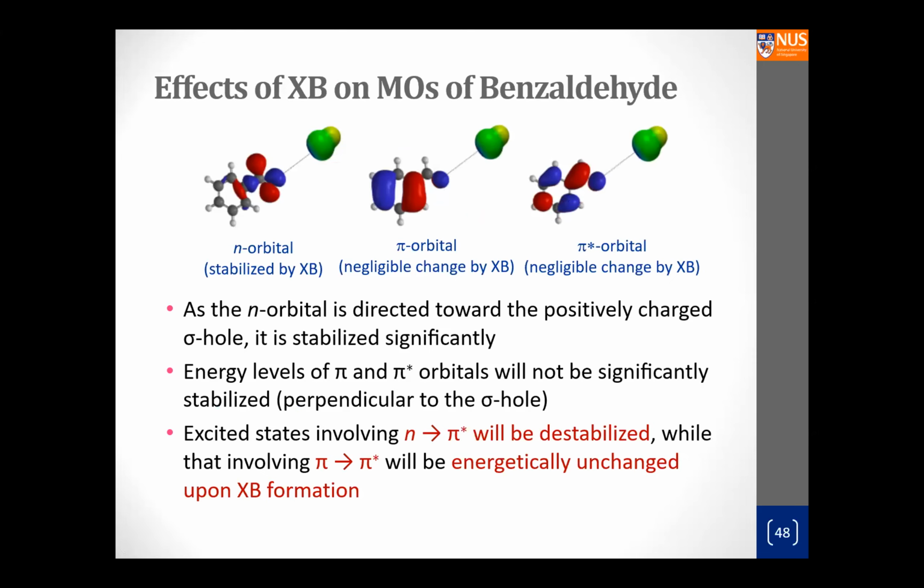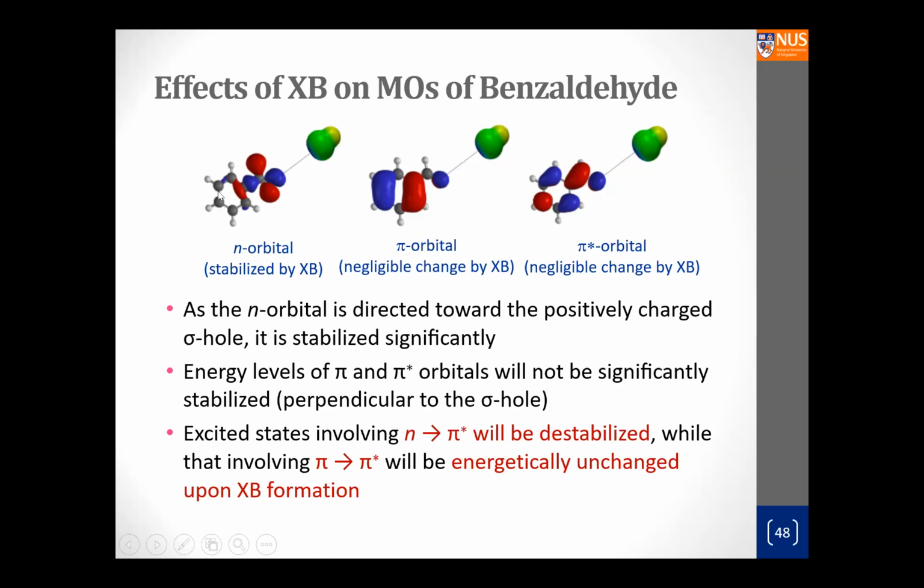So now we introduce a halogen bond donor, BrF or IF, and try to study the orbital energy change and calculate the intersystem crossing rate here. The most important message is actually the halogen bond with the lone pair.